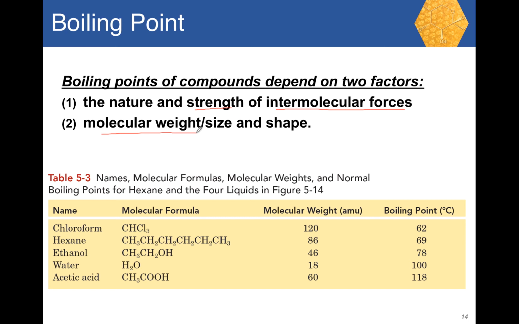So if there are very strong intermolecular forces, a liquid is harder to boil, more energy is needed, and it has a higher boiling point. A molecule that has a very heavy molecular weight requires a lot of energy to get into the vapor phase. Therefore, these type of molecules typically have higher boiling points.